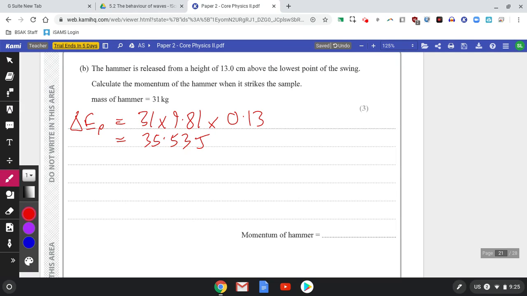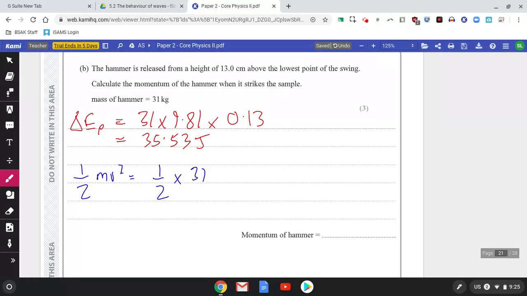Now we equate that to a half mv squared, don't we? A half times 31. Don't need to do anything with the 31, it's in standard units, which is nice. V squared equals 35.53, and V squared comes out as 2.55. So v is 1.597 meters per second.